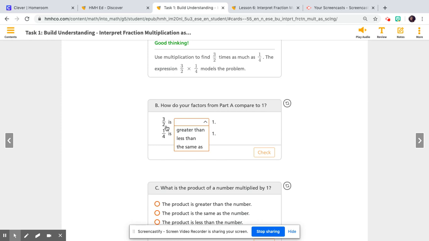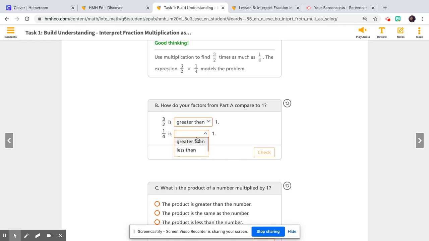That tells me it's greater than 1. If the fraction was 1 over 2, then it would be less than 1. If my numerator was 2 over 2, then it would be the same as 1. But my numerator is 3, and that is greater than 2, so it is greater than 1.